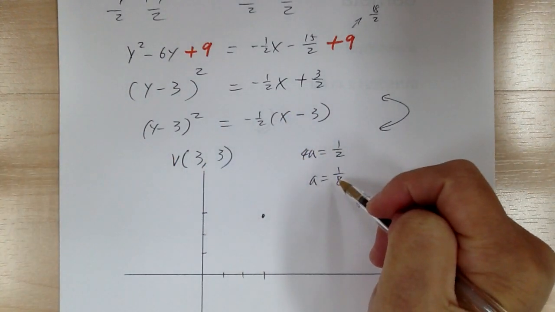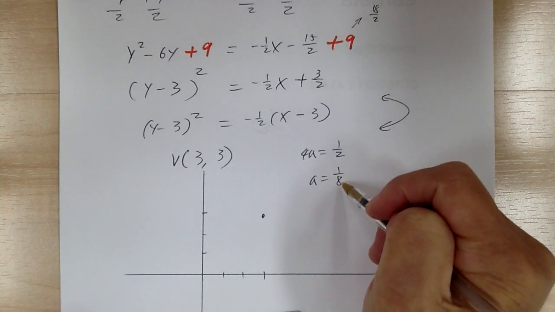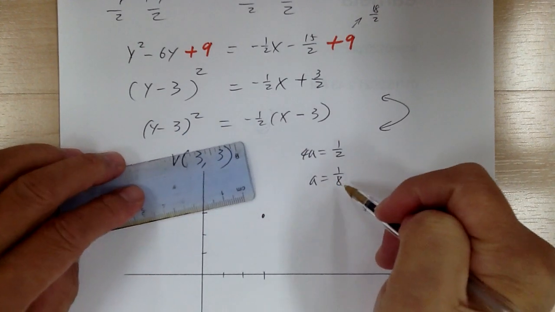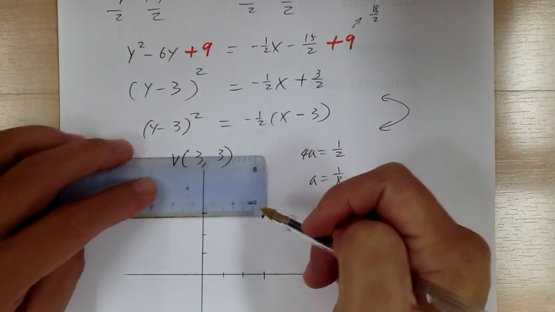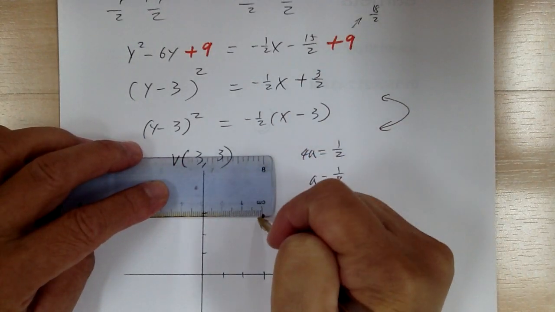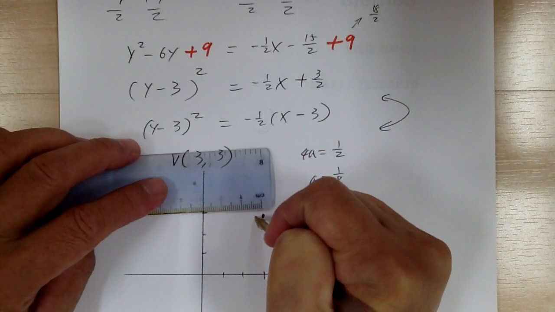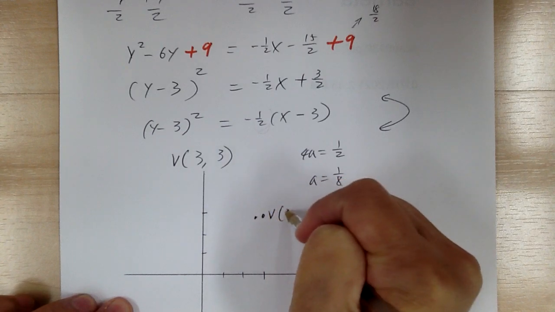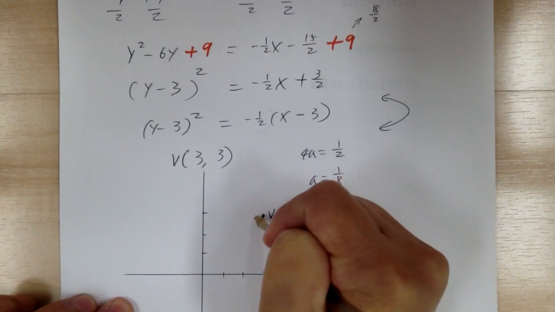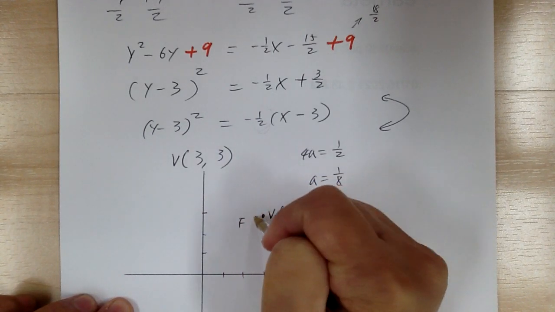Now A is 1/8, so that's, and you have to go negative direction, so 1/8 would be about like right over here. So this is the V. V is going to be at 3, 3, and the focus is right over here, okay?